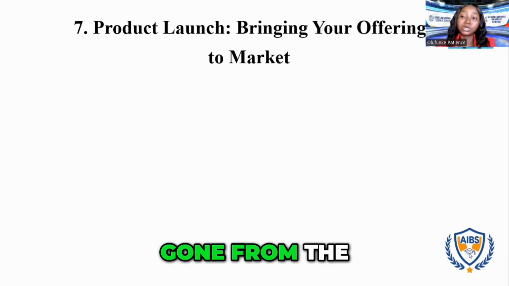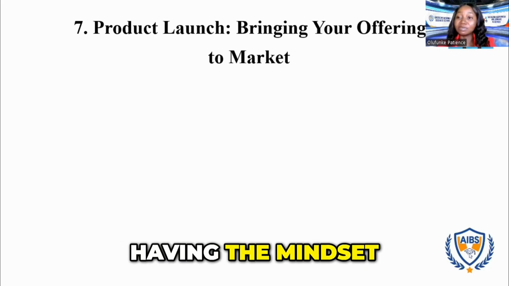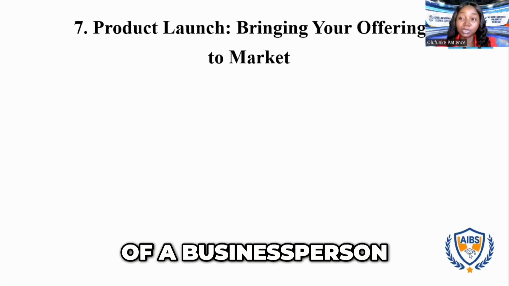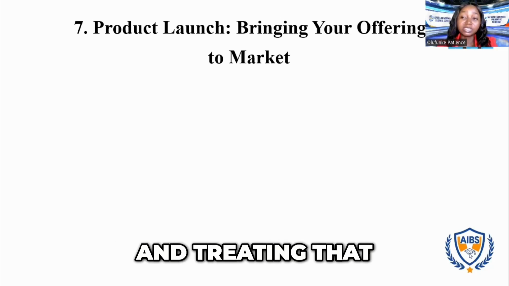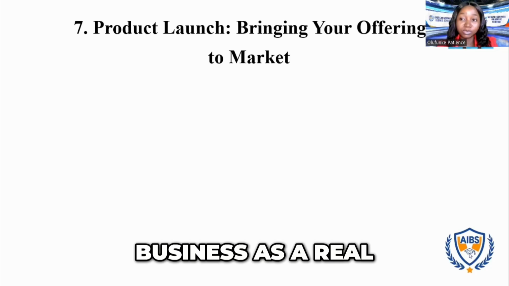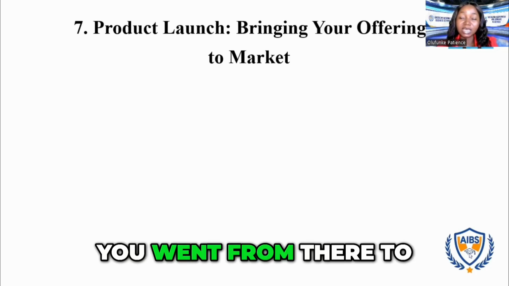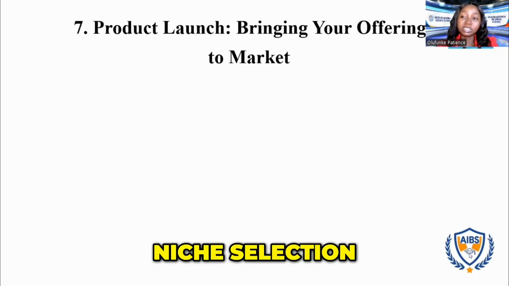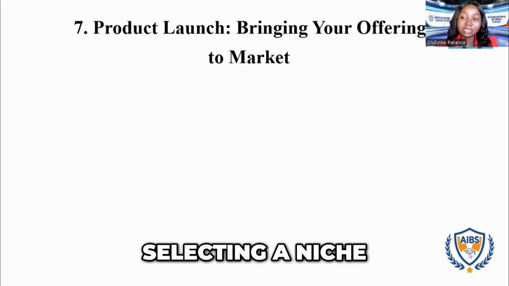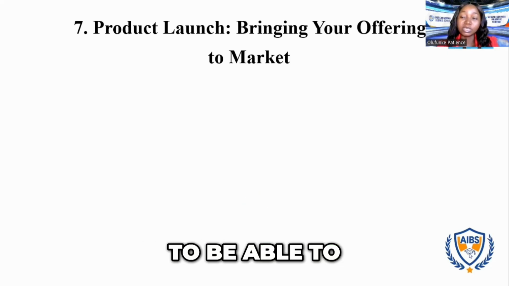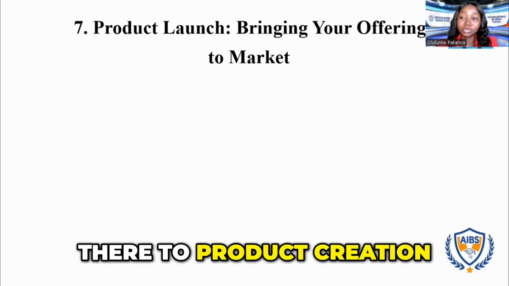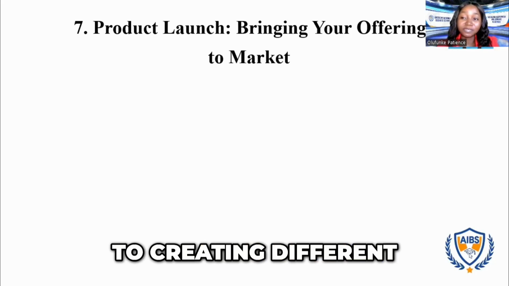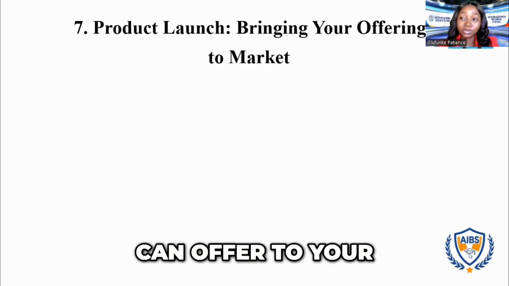You have gone from the point of the mindset, having the mindset of a business person, knowing that you can make money online and treating that business as a real business. Then you went from there to niche selection, selecting a niche and niching down to be able to reach the right audience. You also went from there to product creation, to creating different products that you can offer to your audience.